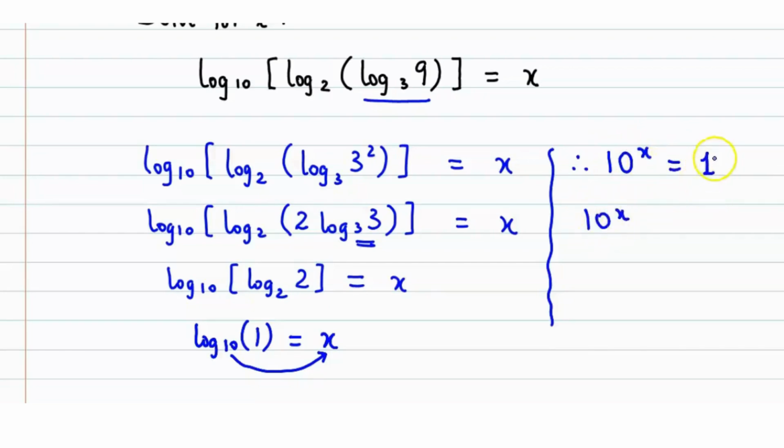However, this 1 could be replaced by 10 raised to 0. We know that a raised to 0 is 1, law of indices. Now we have the base same on both the sides. So if we compare the powers, we have x is equal to 0. So the required value is 0.